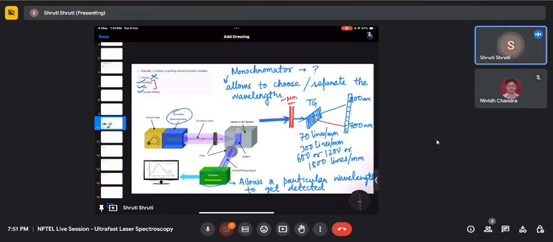There is what I call an optimum value of all the parameters for a particular sample, to get the quality of the data you want.